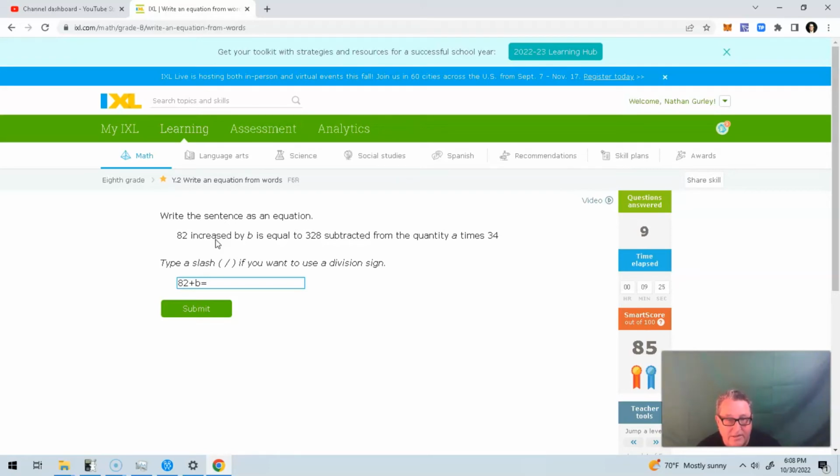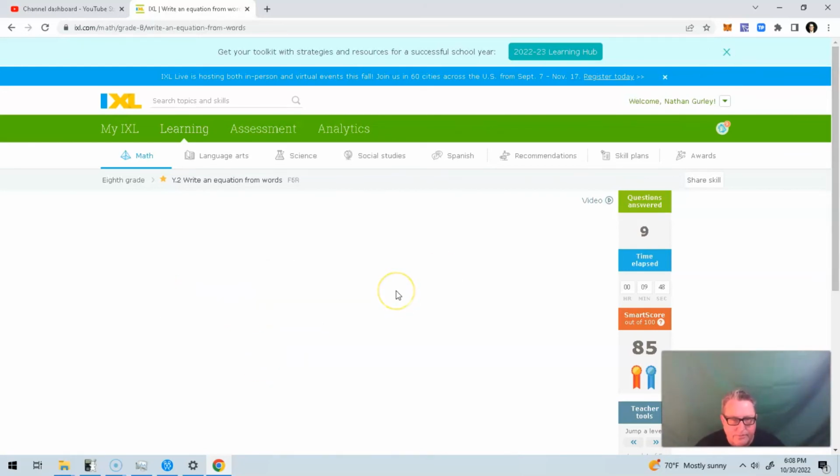A quantity A times 34. So whatever, we have to subtract 328 from something. We have a quantity A times 34. I'm going to encourage you to put 34 first, multiply times A, and what we're going to do is subtract 328 from that, and that should be good to go.